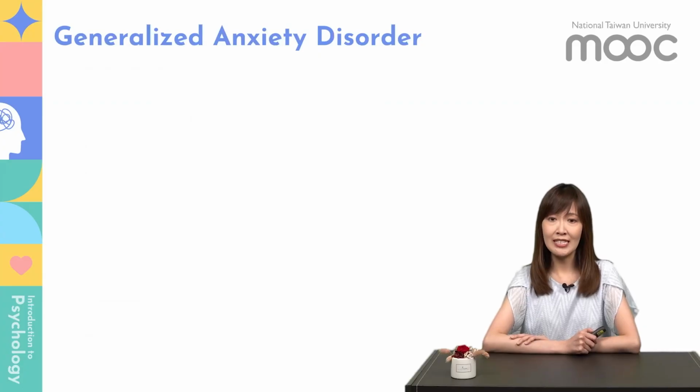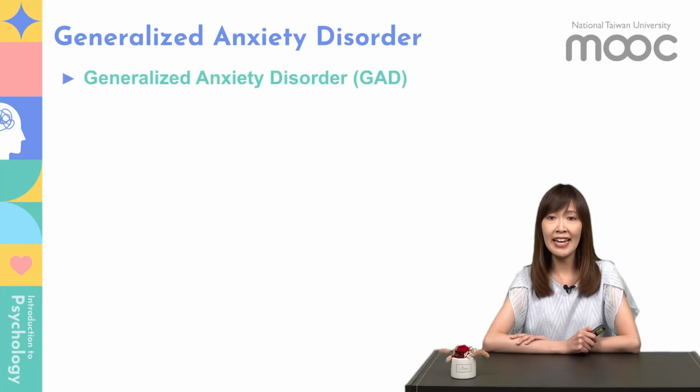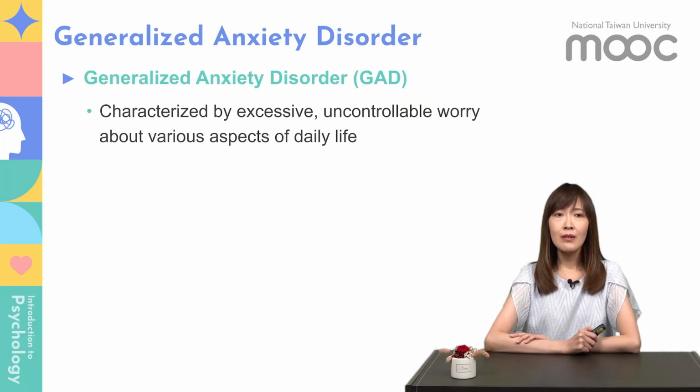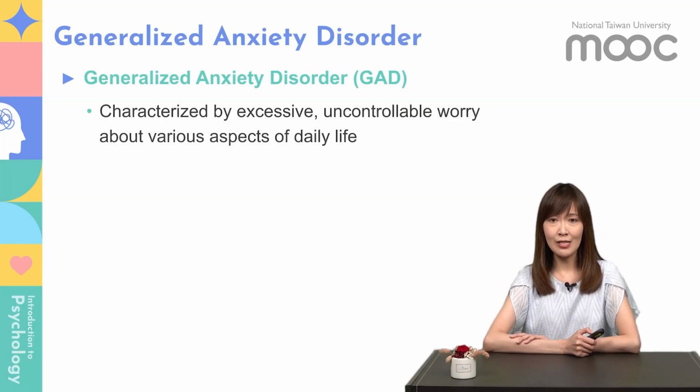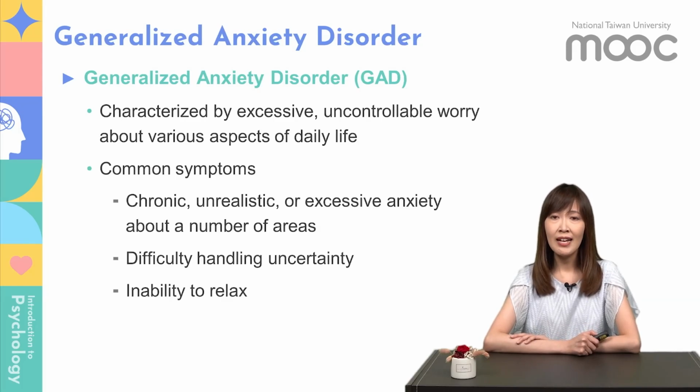Now we're going to look at the different types of anxiety disorder, and that starts from GAD, Generalized Anxiety Disorder. Well, this disorder is characterized by excessive and uncontrollable worry about things, but we don't know what they are. So there's no specific threat that we are afraid of. And people with this disorder might be worried about a lot of things.